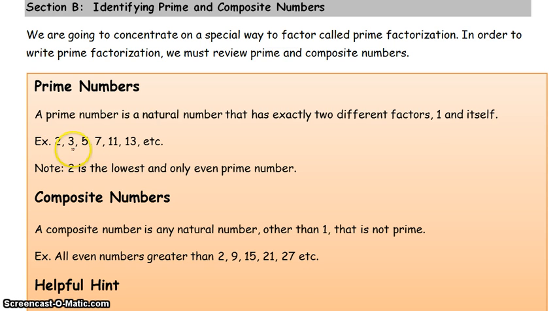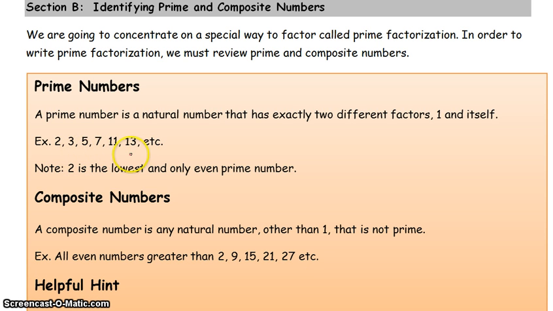We have 2, 3, 5, 7, 11, 13, and so on. Now I want you to note here, 2 is the lowest and only even prime number. So aside from 2, all of the rest of your prime numbers are going to be odd. Okay, think about that. 2 is the only even prime number and is also the lowest prime number.